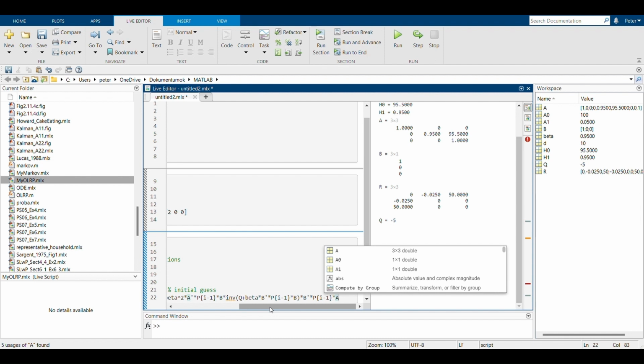So this is the Riccati equation on which we are going to iterate to find the fixed point.